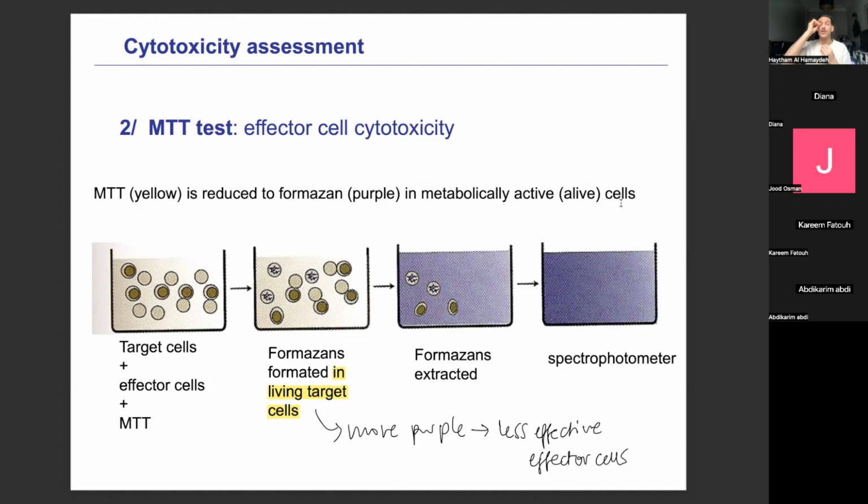So if the cells stay alive, let's go back to simple stuff. We have a bacteria, and this bacteria is incubated with MTT. And we put cytotoxic T cells with it. Now, if cytotoxic T cells don't kill the bacteria, MTT leaves it alone. So it's actively functional.